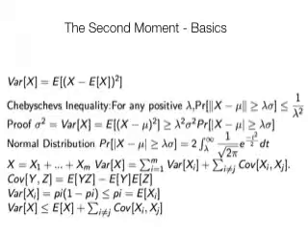So the variance of Xi is less than or equal to the expectation of Xi. And so the variance of X is less than or equal to the expectation of X plus the sum of covariances of Xi and Xj over all pairs i and j that are different from each other.